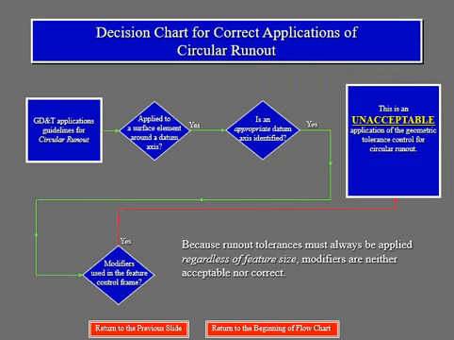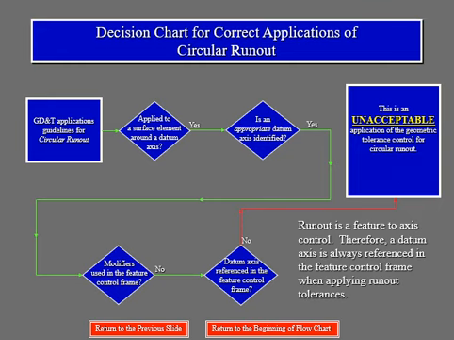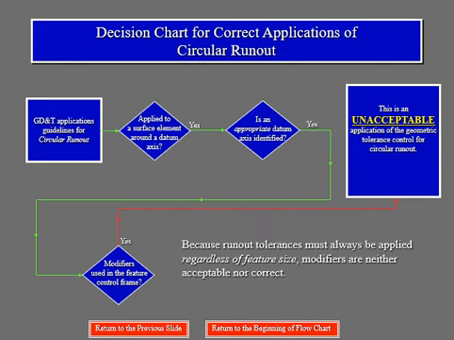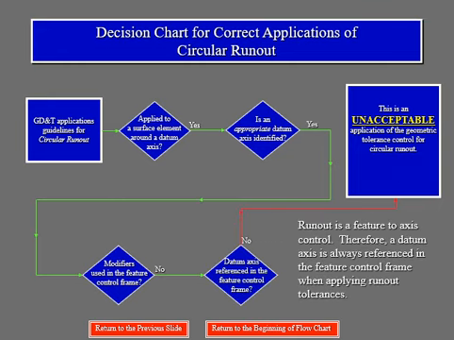When you take a look at Runout tolerances, they are always applied regardless of feature size. If you have a modifier, don't accept, because you don't need a modifier for RFS. And then of course for Runout, we will take a look at our datum axis.